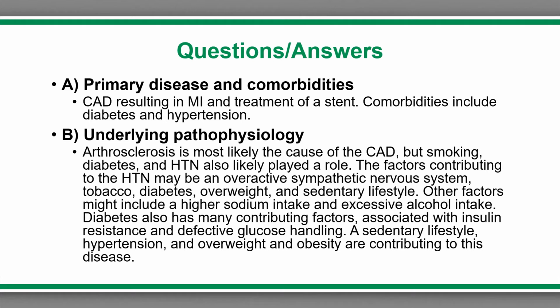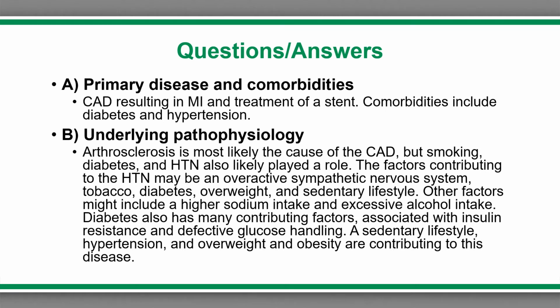So what do I put for the underlying pathophysiology? Well, you want to look at what kind of factors have contributed to where she is right now. She probably has the standard atherosclerosis and some contributing factors that have played a role in its development.